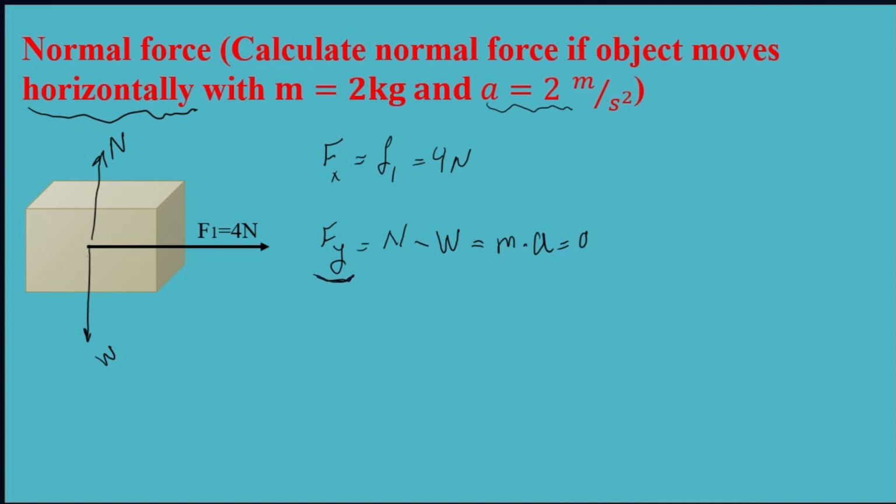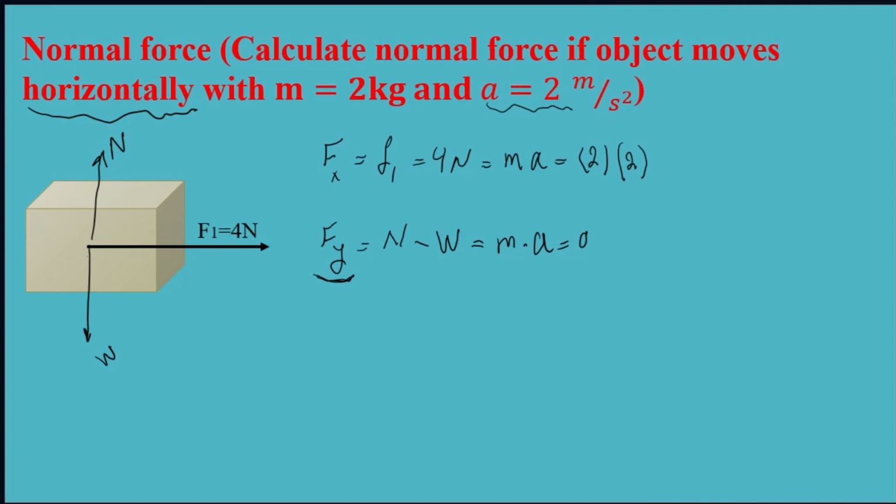But here it's moving in the horizontal direction, so the acceleration of 2 meters per second squared applies to the x direction. So this one here is ma: the acceleration is 2, the mass is also 2, 2 times 2 is 4, and my force is 4 newtons. That would be expected, right?